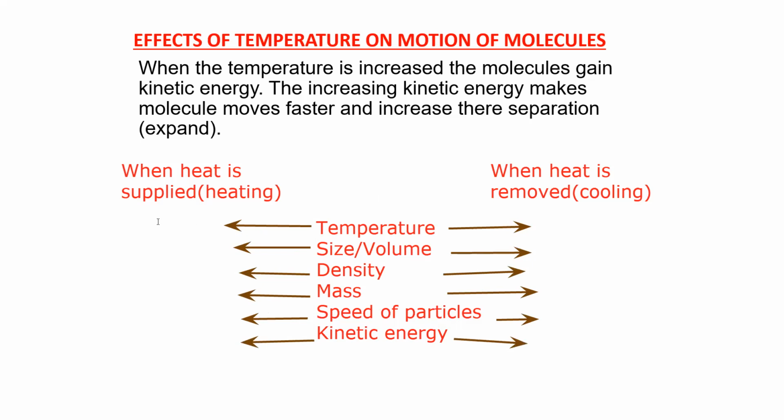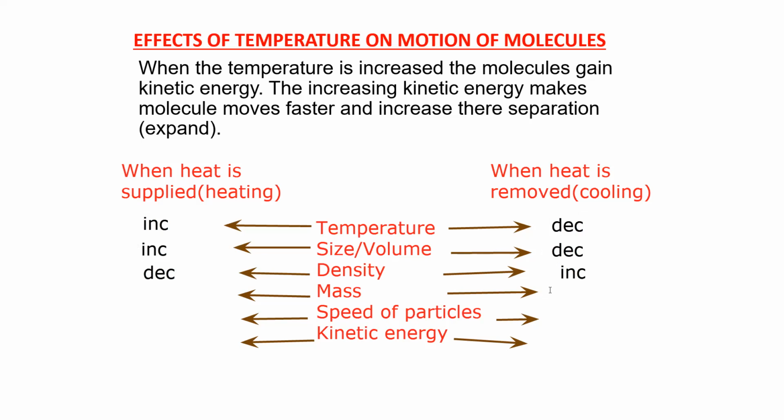So when we are heating, the temperature will increase, and for increase I will use the term INC. But when we are removing the heat energy, the temperature will decrease. When we supply heat energy, the size will increase, and when we remove heat energy, the size will decrease. Density will decrease when we are heating, but will increase when we are removing heat energy.